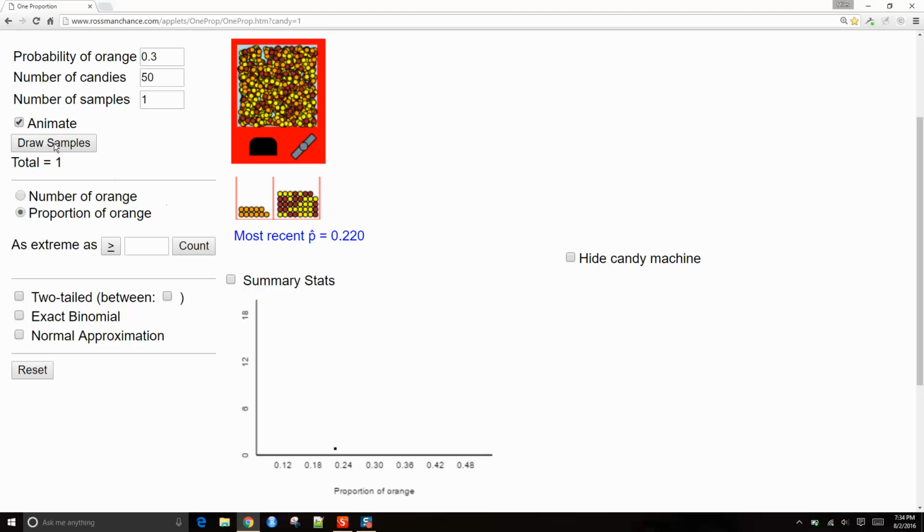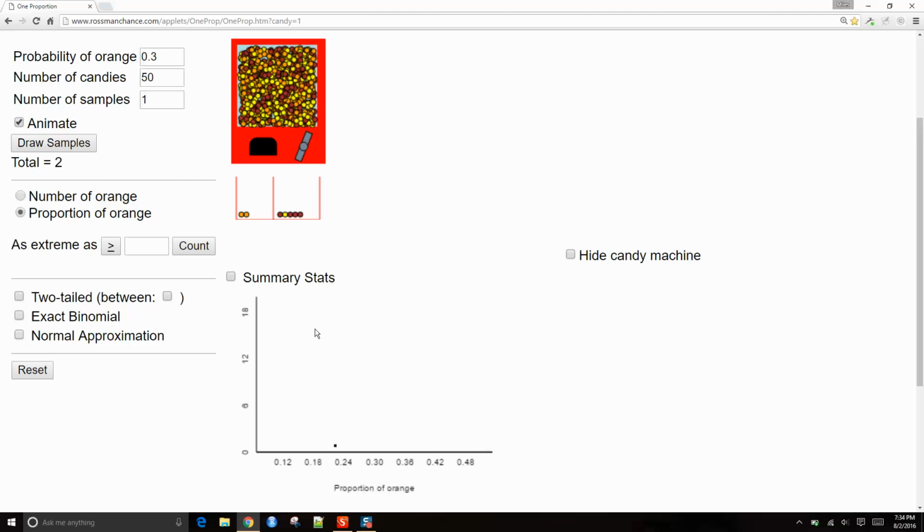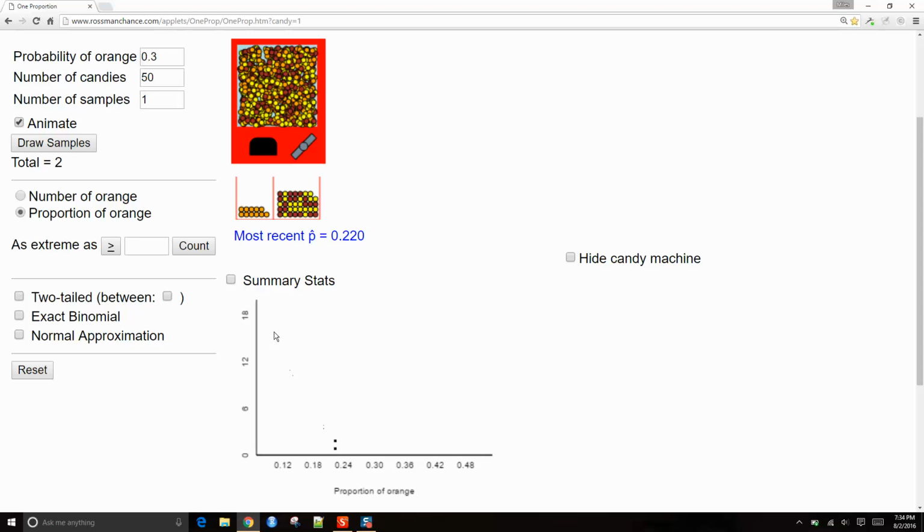We can do this again. You can see we put a dot down here at the bottom in our dot plot for 22%. Coincidence, we got 22% orange again. We got 11 orange pieces, so we put another dot right there at 22.